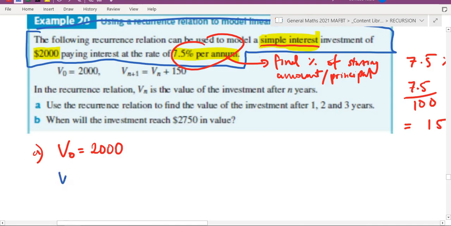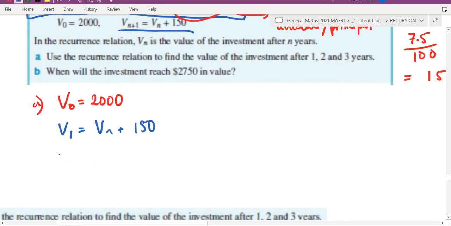So that means V1, looking at my recurrence relation, is going to be Vn plus 150. Okay, so it's the current term plus 150. So V1 equals V0 plus 150. You don't have to write this step. You can go straight to the 2,000 if you wanted to, but I'll leave that in there just for the sake of having it.